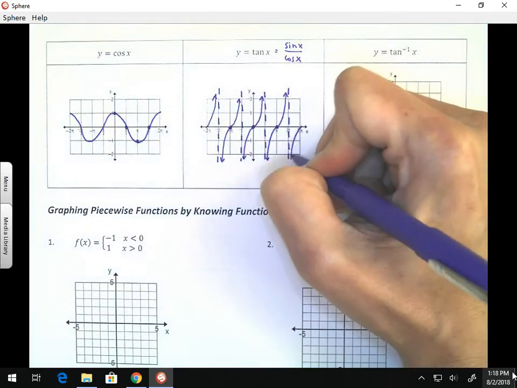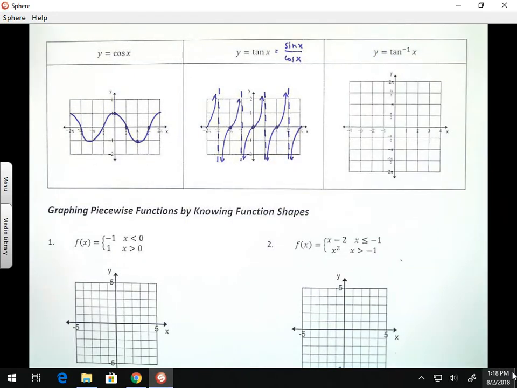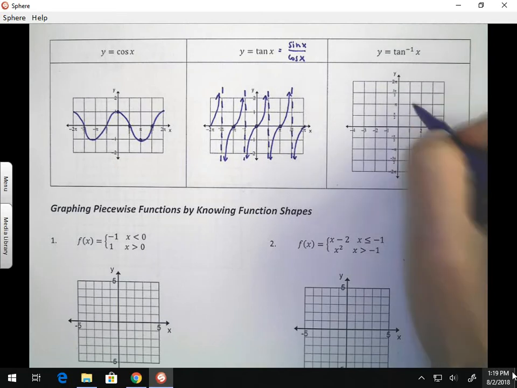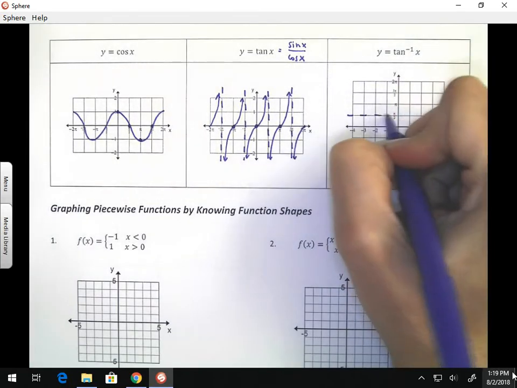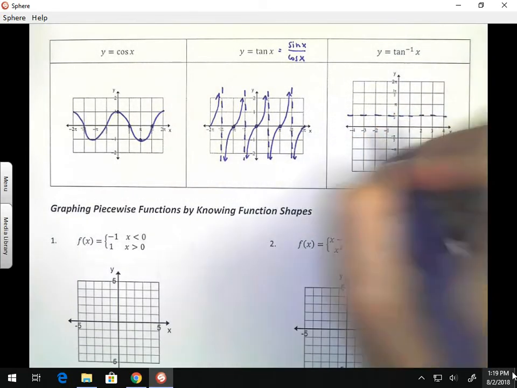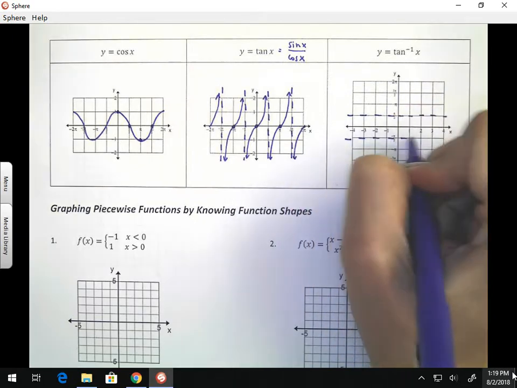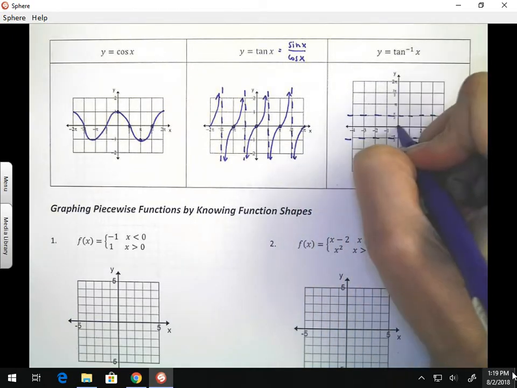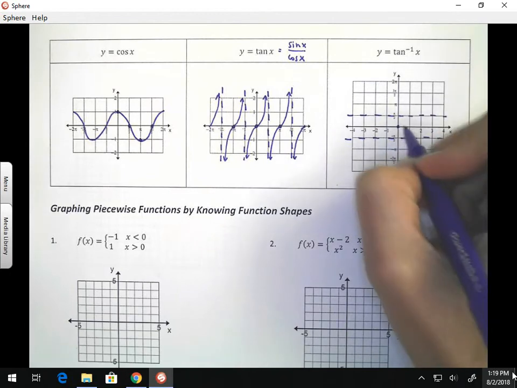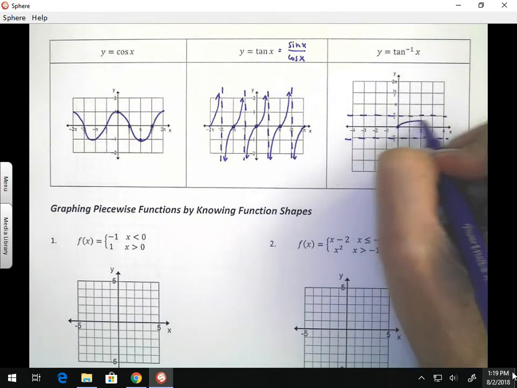It looks like this. There's our tangent, and then inverse tangent is similar, except it has some horizontal asymptotes. And so it's going to look like this.